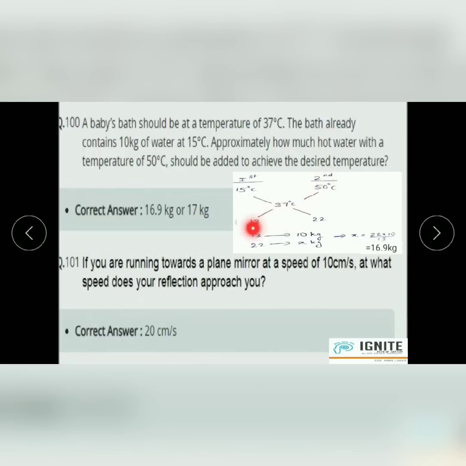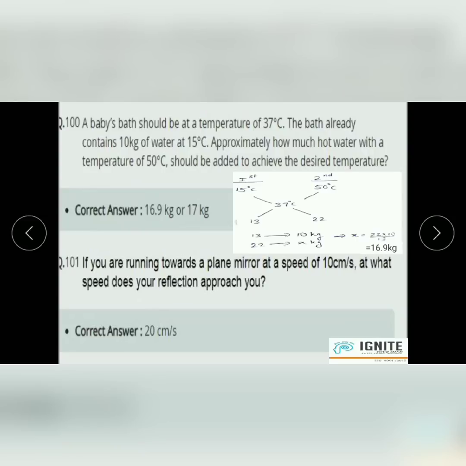Take the difference, the difference is 13 and here 22. The 13 is correspond to 10 kilogram of water and 22 is correspond to what kilogram? Therefore, 13 is correspond to 10 and 22 correspond to x. We have to find the value of x. 22 into 10 by 13, answer is 16.9 kilogram.